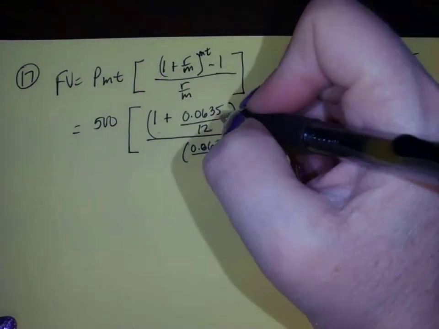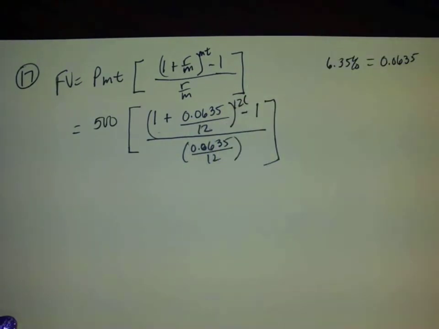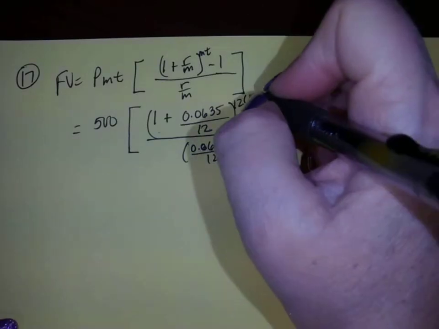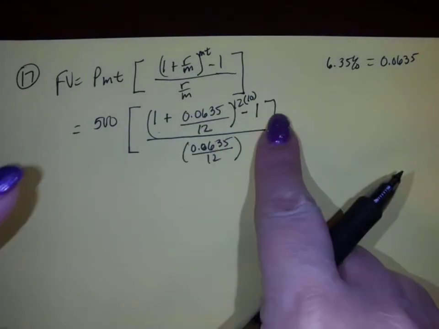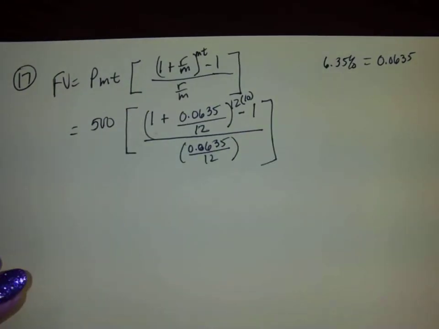So the M, again, was 12, and the amount of time was 10 years, so it'll be 10 up on that top part there. Otherwise the ones are going to cancel each other out, so it wasn't making sense in my mind.